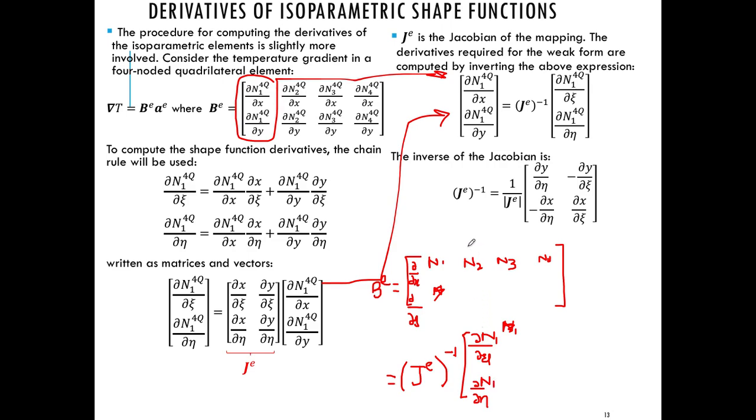Now if I want to get to my second column, then all I need to do to represent my entire BE is to expand this right term with the respective del n2 with respect to del psi, del n2 with respect to del eta, and then for my third column, in order to find del n3 by del x, I hope you all understand that all of these are del x's.